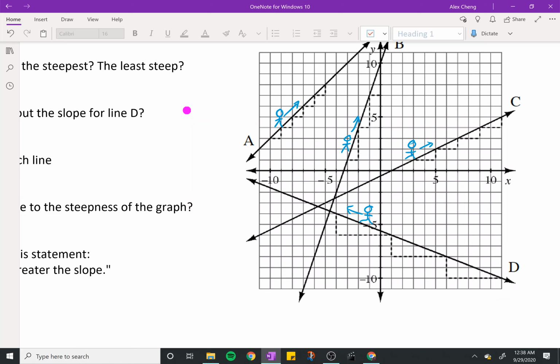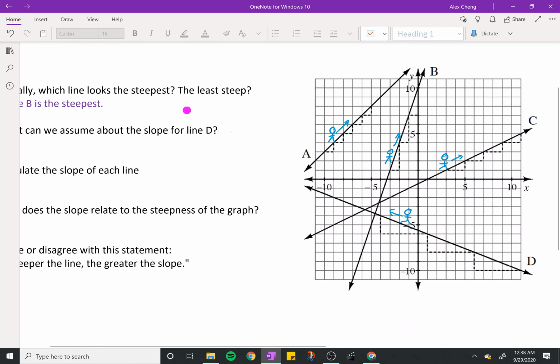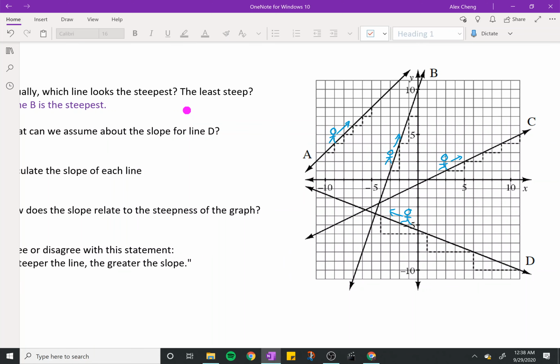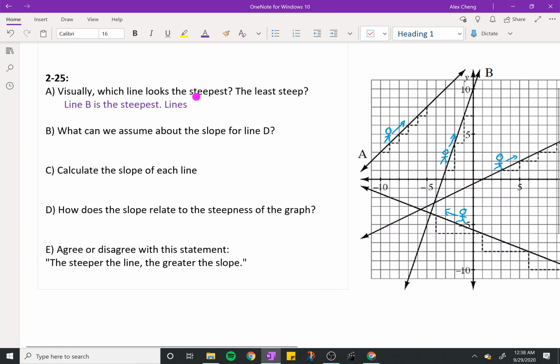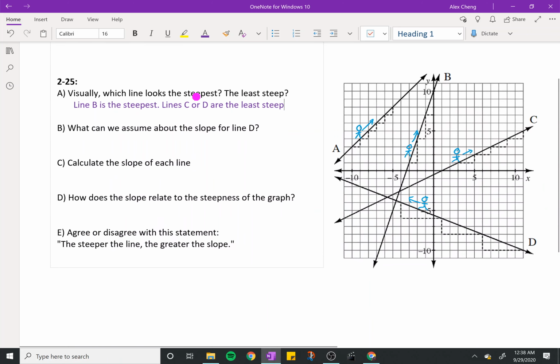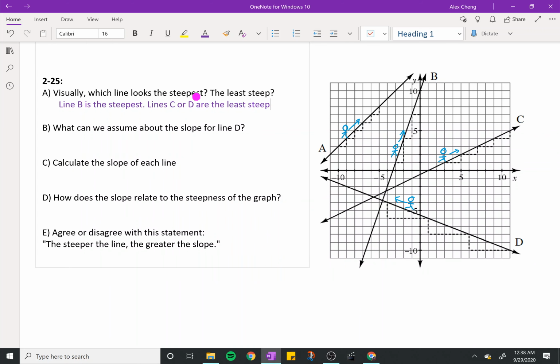And so I can't really tell. If I really had to pick, I guess I would say probably C, but that's just a gut feeling. So I'll just say C or D. Lines C or D are the least steep. I can't really tell exactly which one is the most flat.